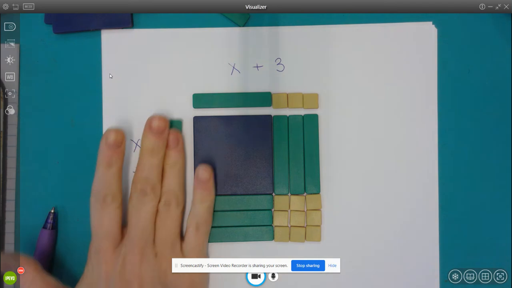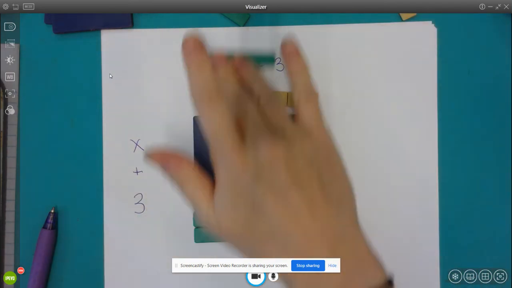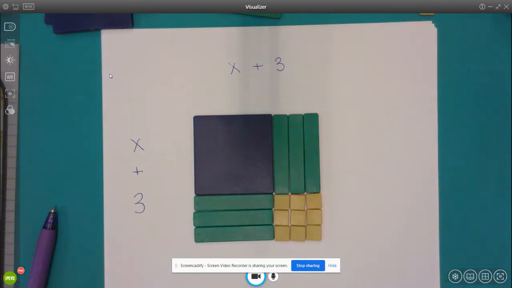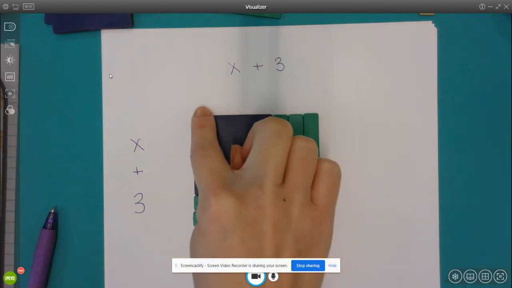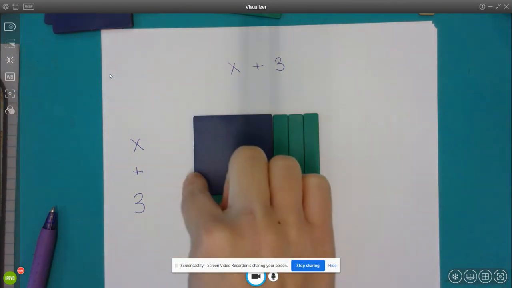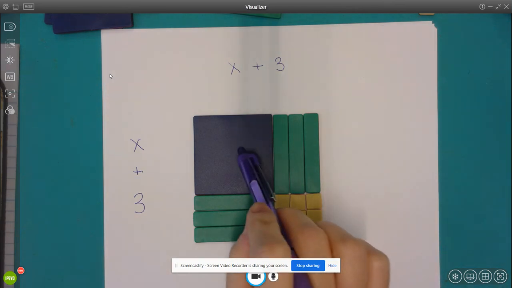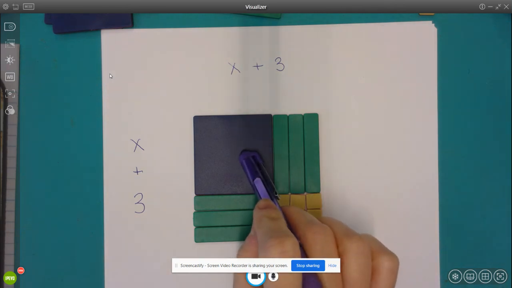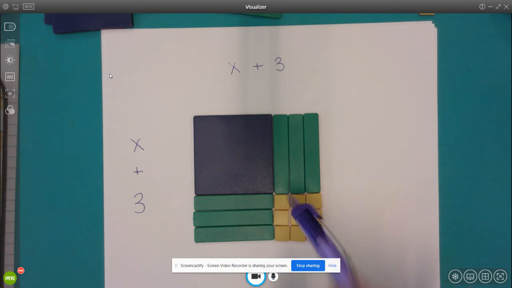I'm going to take these away now so we can look at just the area itself. Here, it's still a square because both side lengths are exactly the same. So I have the X squared portion. I have 3X, 3X, and 9.